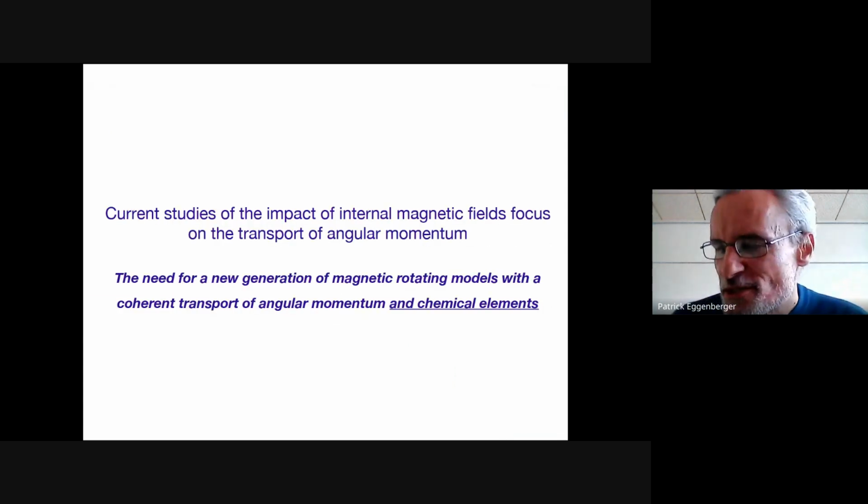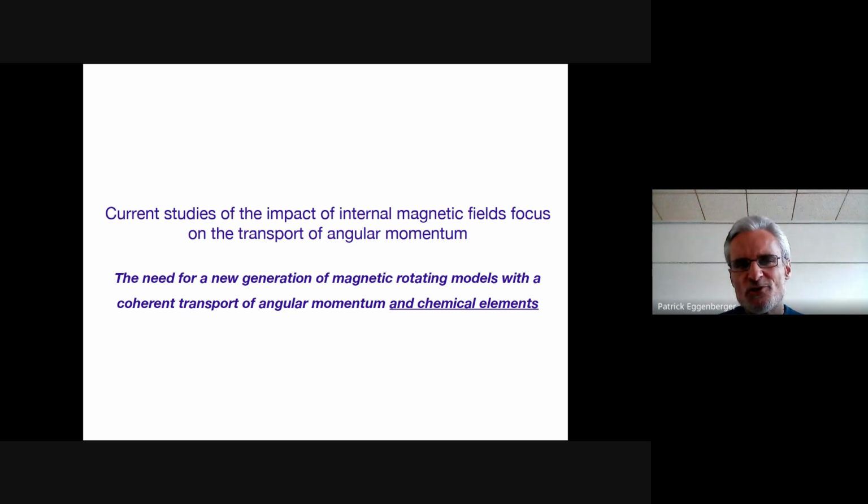The key point, and if I still have 5 minutes, do not hesitate to interrupt me, it's a bit too long, it's just to say, okay, we have seen here that we are focusing on the transport of angular momentum, but what is the consequence for chemical elements, and how can we develop models that are compatible with both what we see from asteroseismology for the internal rotation, but also for the chemical transport.